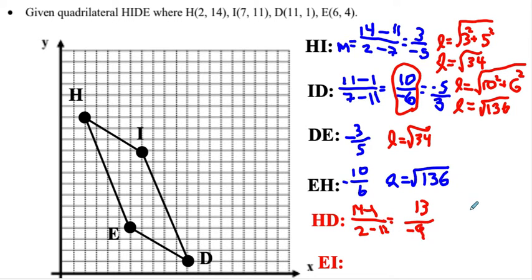Positive and negatives on slope are important. That would then mean the length would be equal to the square root of 13 squared plus 9 squared, which works out to be the square root of 250.